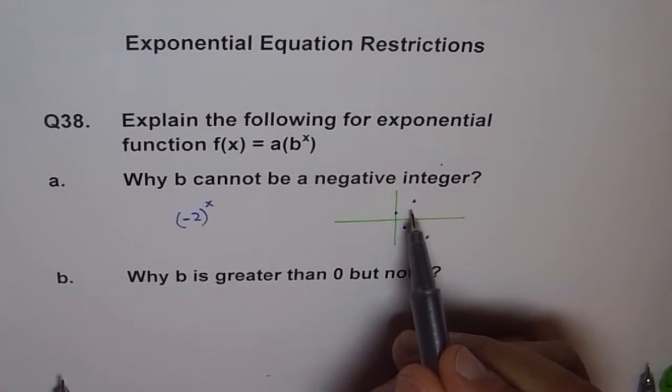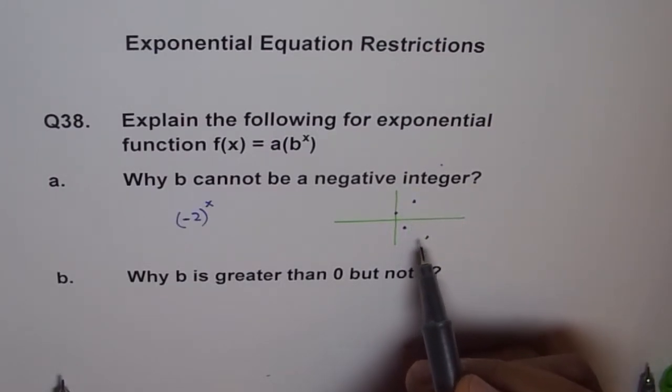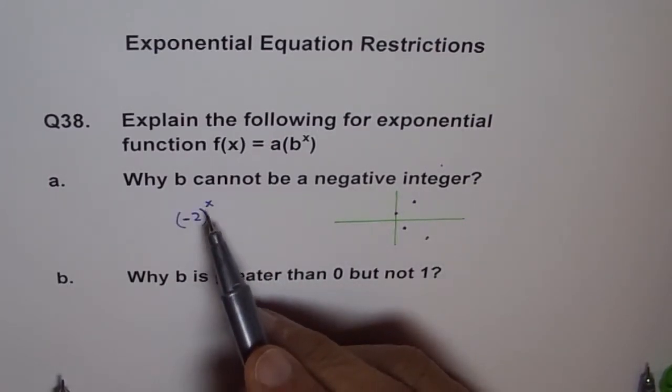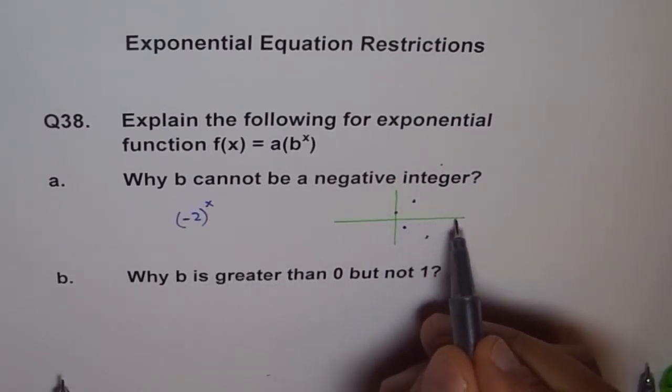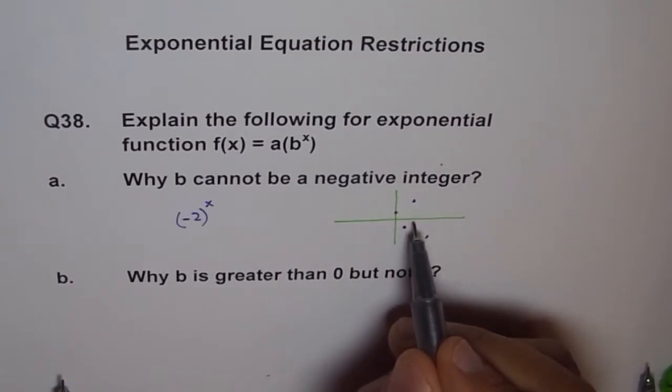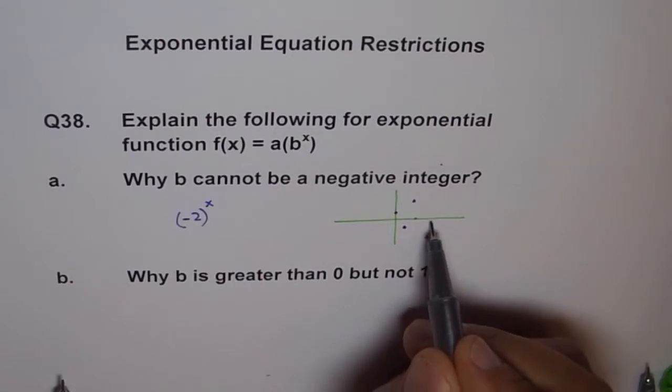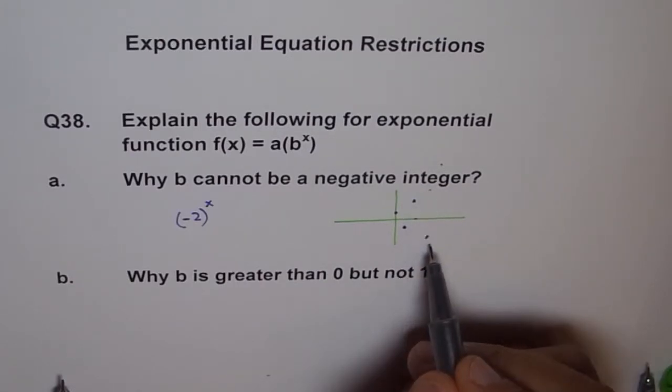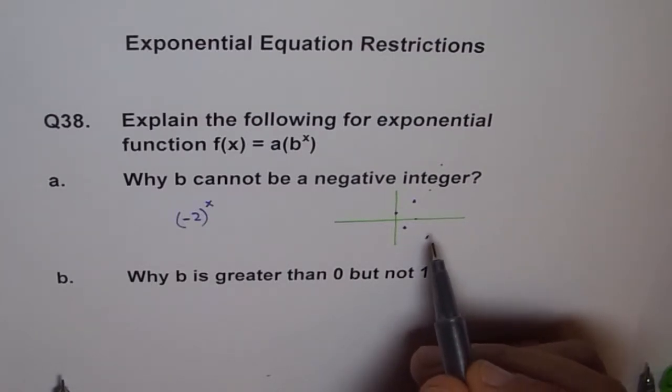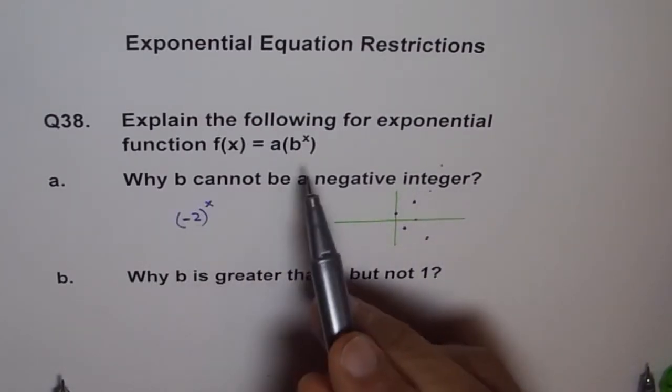It keeps jumping from positive value to negative, negative to positive, depending on whether our value of x is even or odd, right? Because x is any real number here. So as soon as we get an odd number, we'll get a negative value, and for even, a positive value, which makes the function discontinuous, correct? And therefore, we cannot have b as negative.